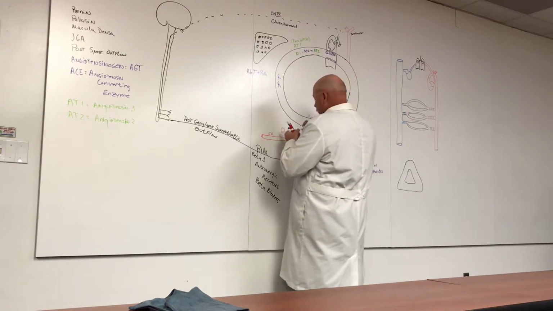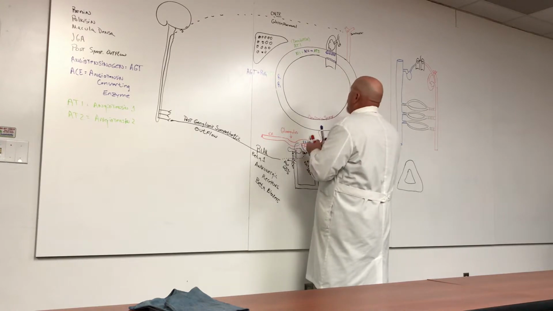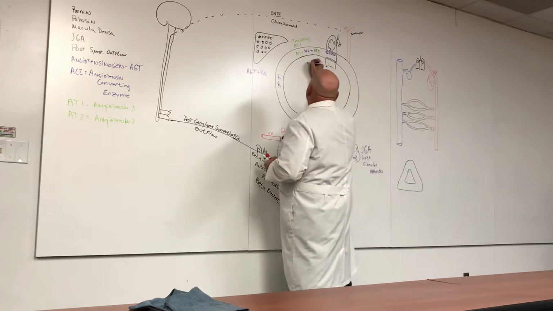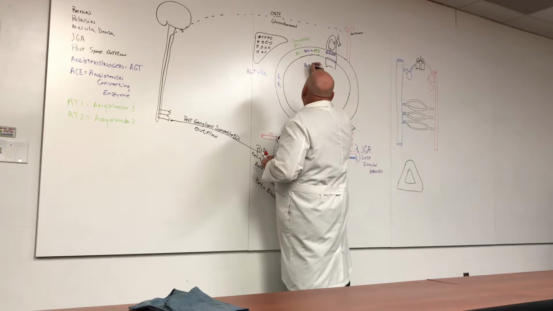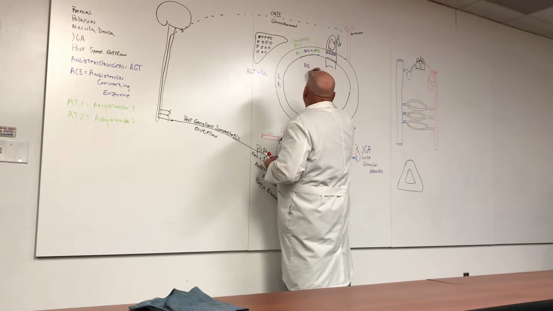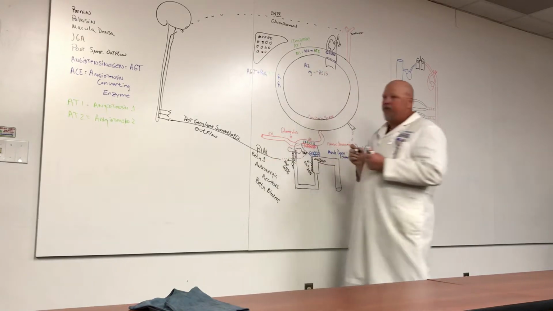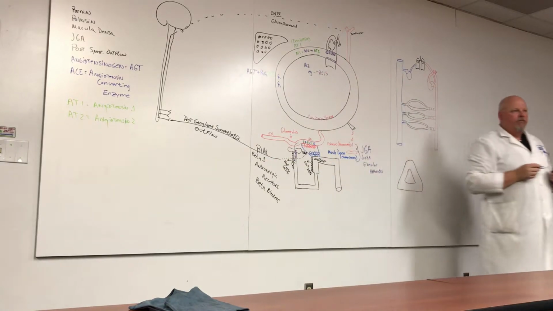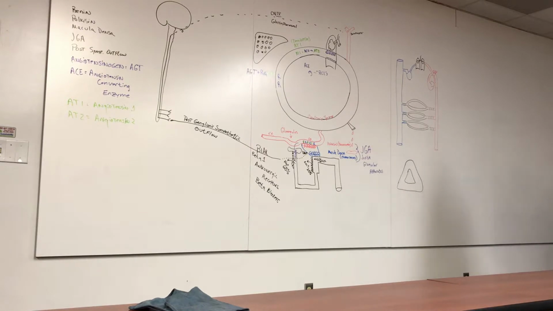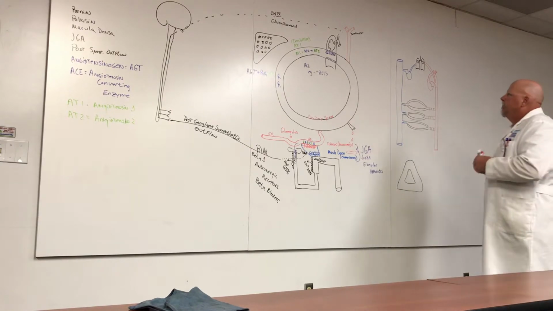Of course, ACE is where we'll find what type of blood pressure medicines? ACE inhibitors, like anything that is something-pril: enalapril, lisinopril, fosinopril, okay? Any of those are prils, okay?